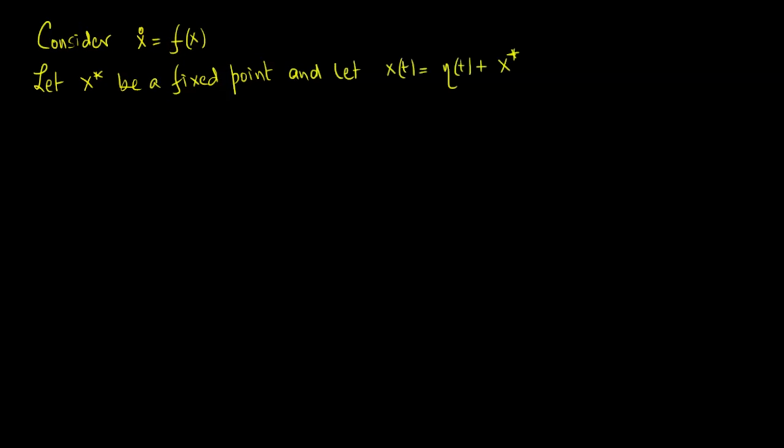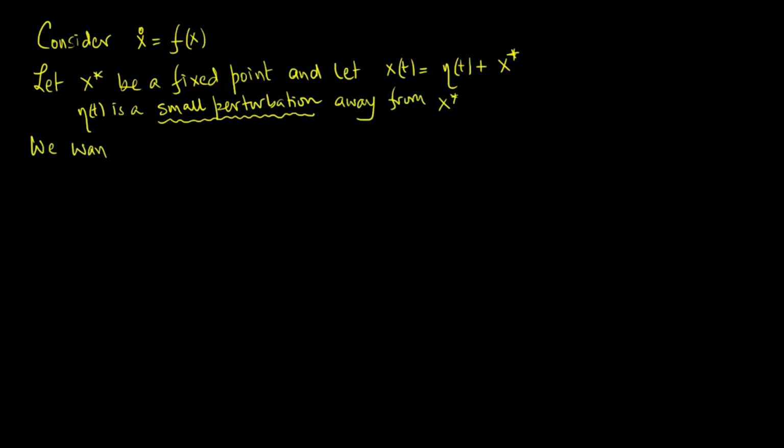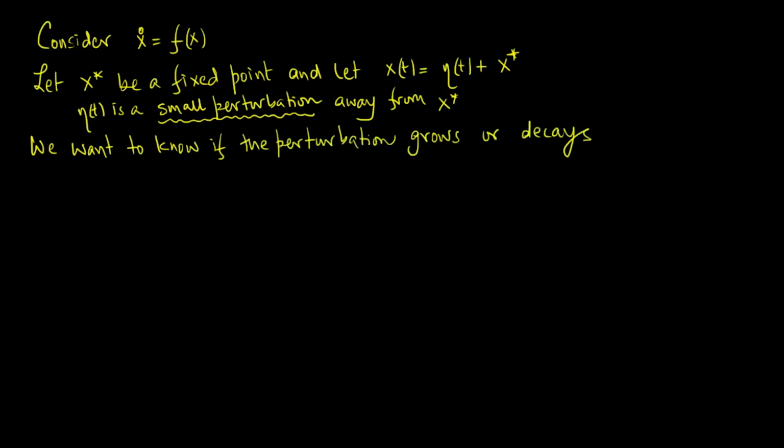Now consider x dot is equal to f of x, and let x star be a fixed point, and let x of t be eta of t plus x star, where eta of t is a small perturbation away from x star. We really want to know if the perturbation actually grows or decays.